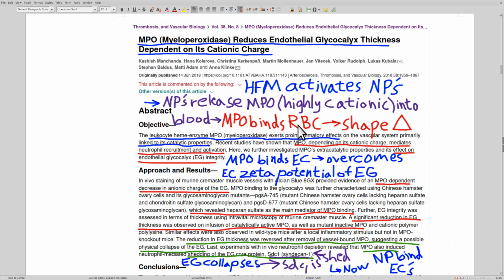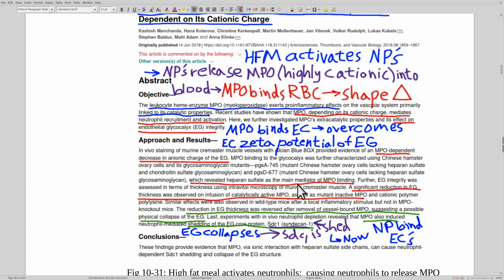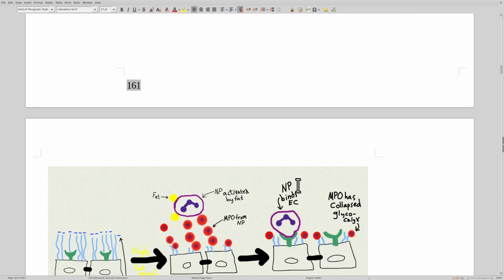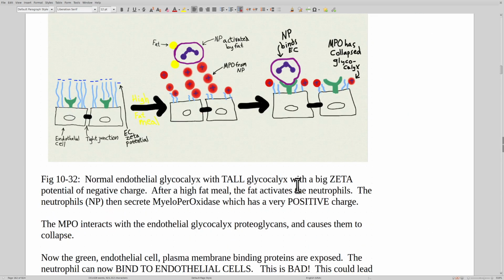The MPO binds to red blood cells, can cause their shape change. The MPO also can bind to endothelial cells, and it'll overcome their endothelial cell zeta potential. They can cause endothelial glycocalyx to collapse.